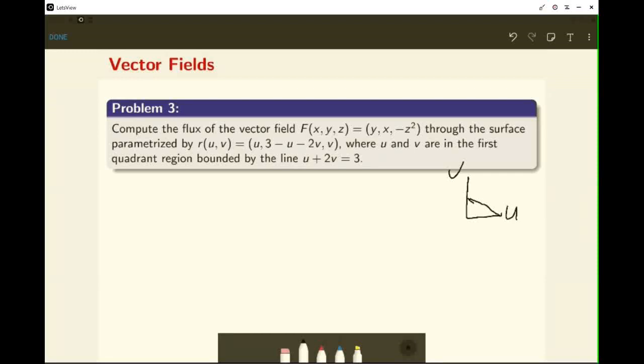So, as before, we need to compute what our normal vector is. If we think about the U partial, we're going to get 1, minus 1, 0, and the V partial is going to give us 0, minus 2, 1.